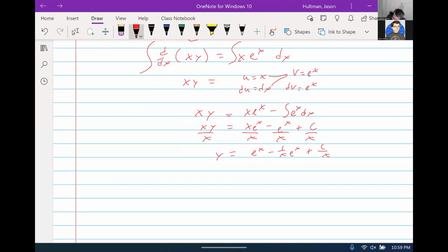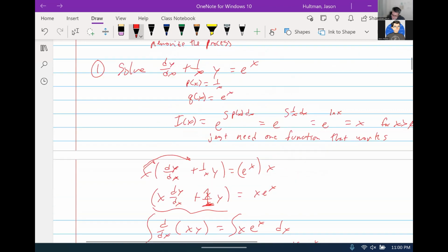And then I could factor out my e to the x, so this is 1 minus 1 over x, plus c over x. There are different ways to manipulate that. I could maybe find a common denominator, but it really wouldn't simplify any further than that.